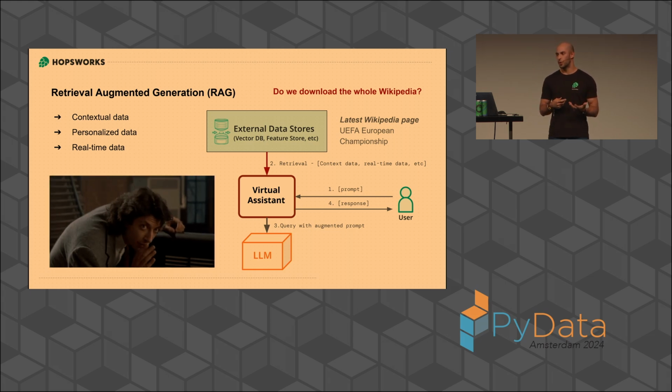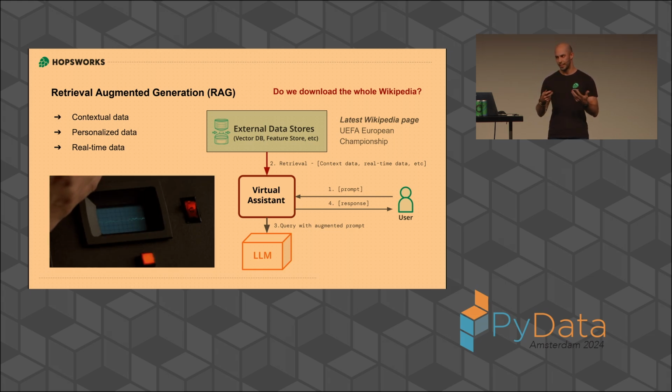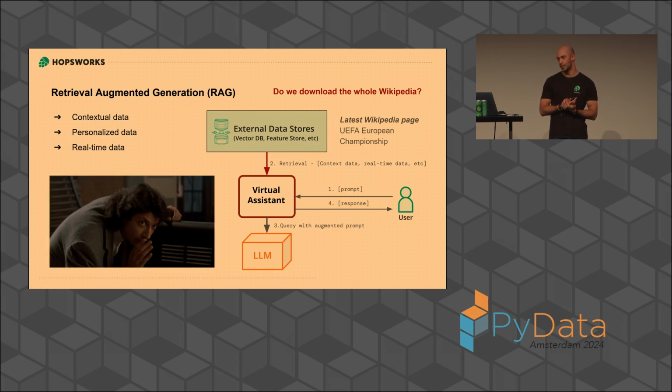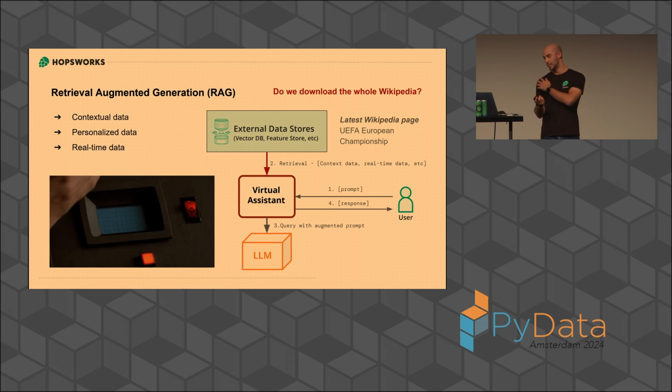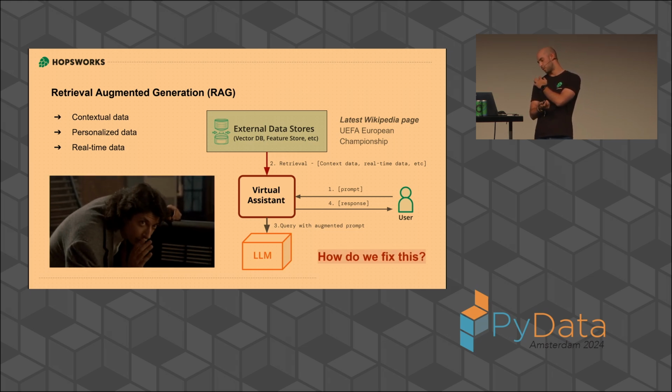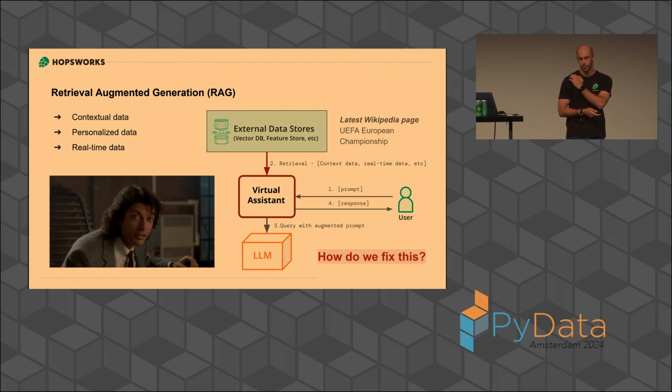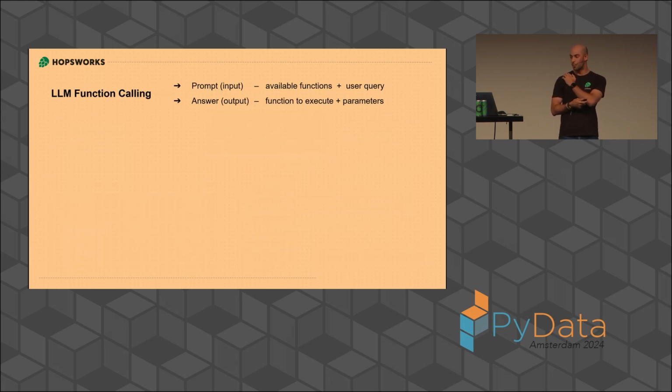But there is still a problem here, which is: what do we download exactly, or what do we fetch exactly? We cannot fetch the whole Wikipedia and pass it to all the questions, just in case we are asking about this specific year. So this is still a problem, and how can we fix this? There is another technique, which is called LLM function calling.